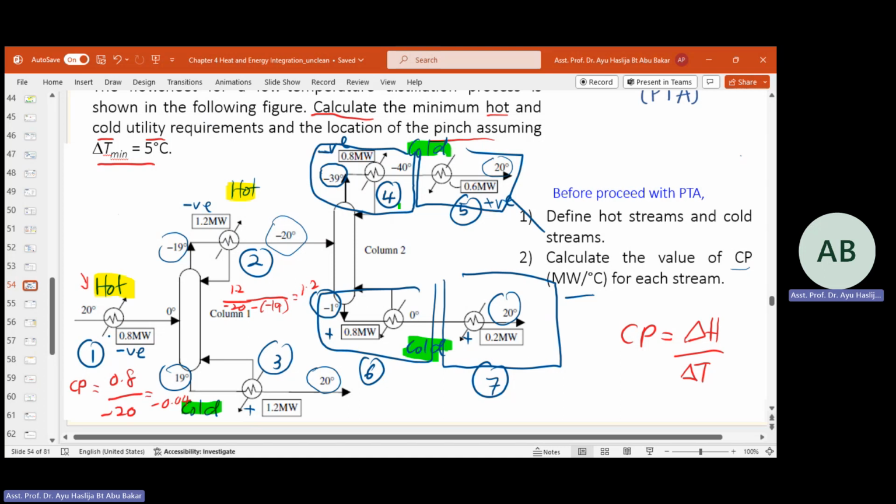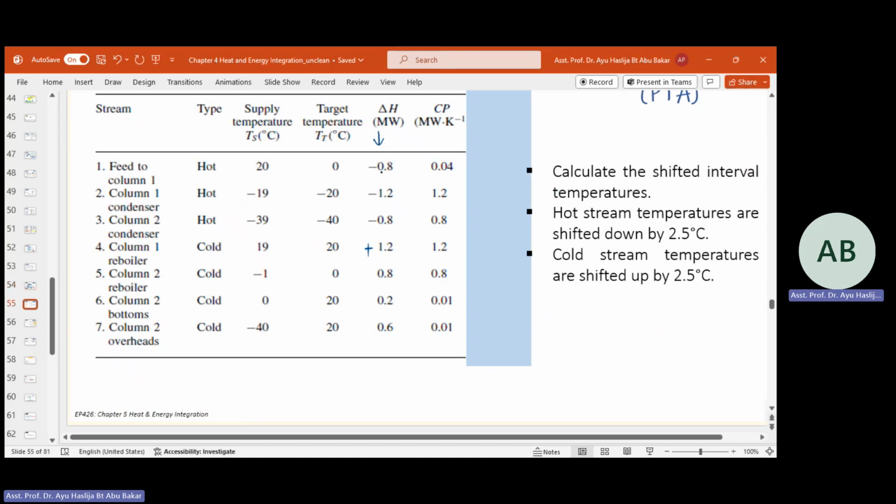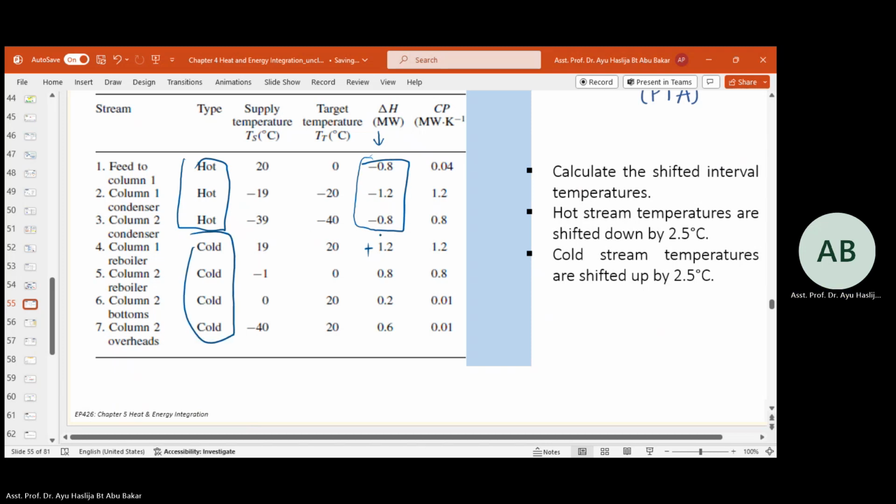Okay. Now, first you need to get that correct, the sign. Hot stream, negative signs. Cold stream, positive signs. Okay, the delta H. Then from there, you calculate your CP.